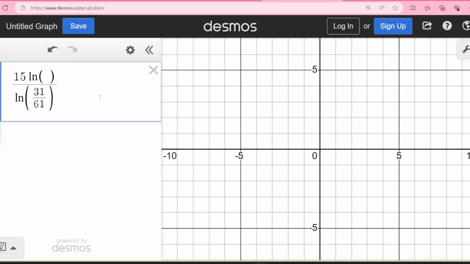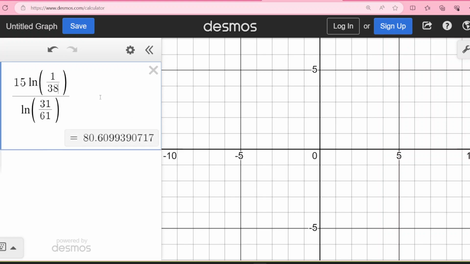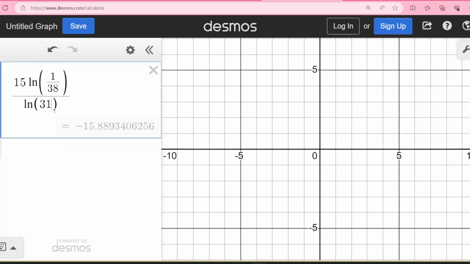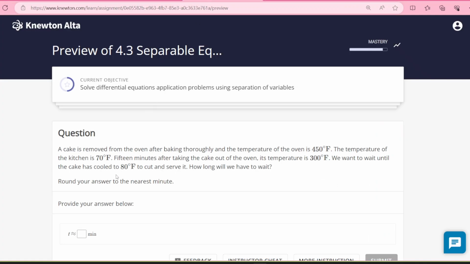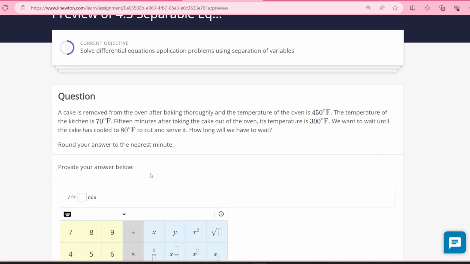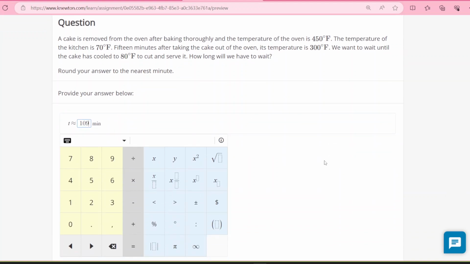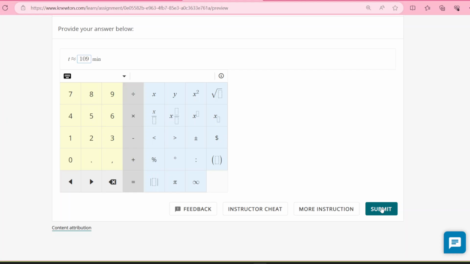So we have 15 times the natural log of 1/38 divided by the natural log of 23/38. So 109 minutes if I round it to the nearest whole minute. 109 minutes. A little under 2 hours we'd have to wait for it to be cold enough to cut and serve.